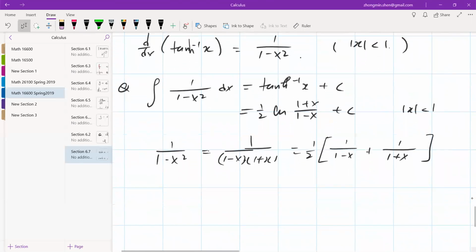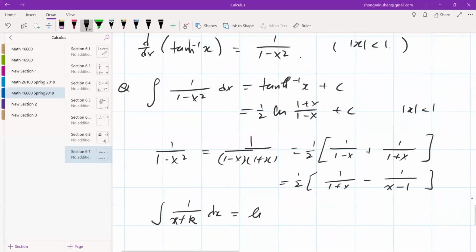Once you know that, well, you can also change the order, right? 1 over 1 plus x is here, minus, and I'm changing the order of x. Okay, so this is the same. We know that the integral of 1 over x plus k is going to be the natural log of the absolute value of x plus k plus a constant. That's obvious, right?